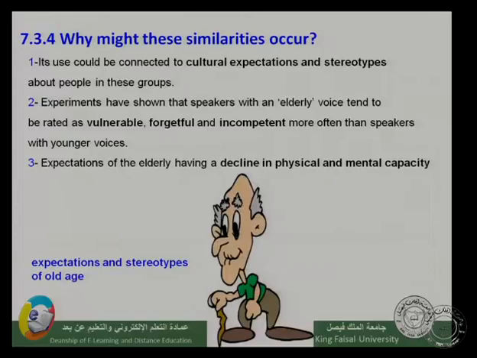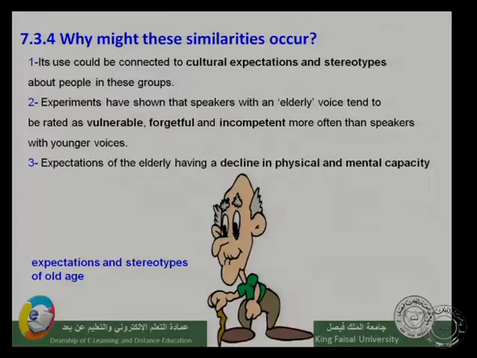So sometimes when you hear somebody talking and you realize that this is the voice of an old man, we naturally tend to rate this person as vulnerable, and we say, oh, he's a very old man, he might forget things very easily, he is an incompetent user of the language.